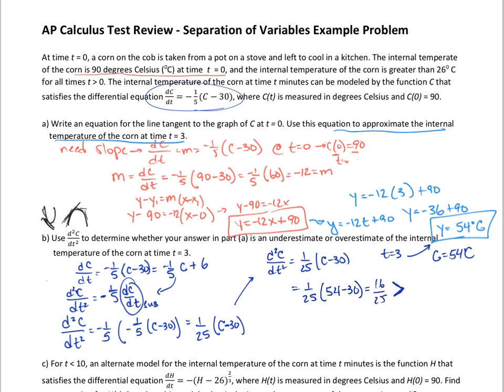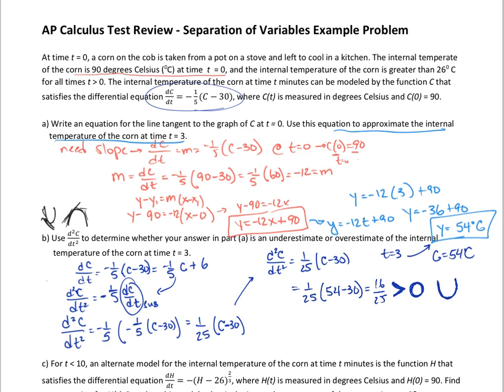Regardless of that value, we are just looking to see if it's positive or negative. It's positive, so that's going to tell me that it's greater than 0. Since it's greater than 0, that means my graph will be concave up, right? If the second derivative is greater than 0, then it's concave up. If the second derivative is less than 0, it's concave down.